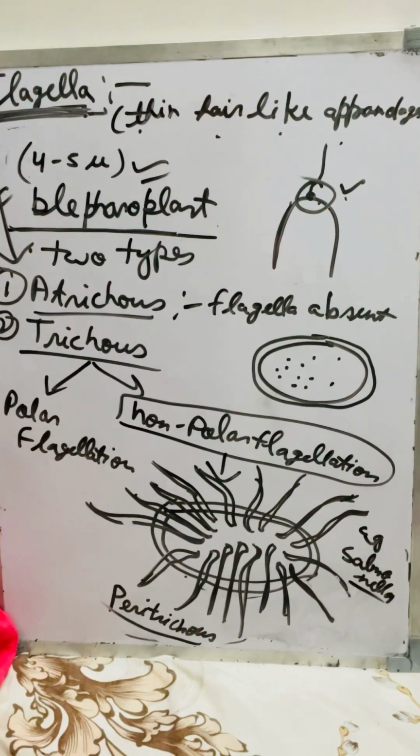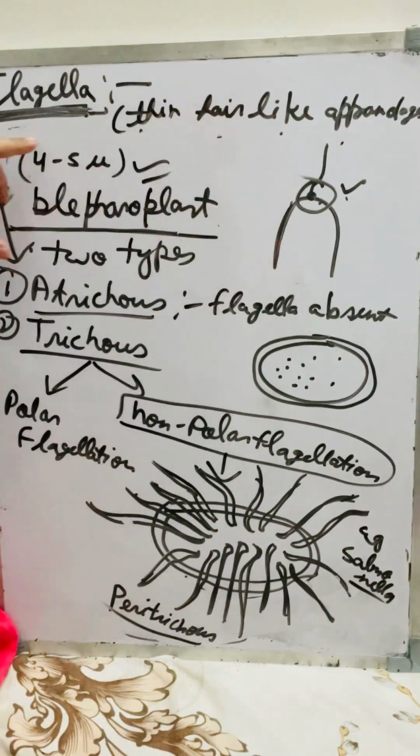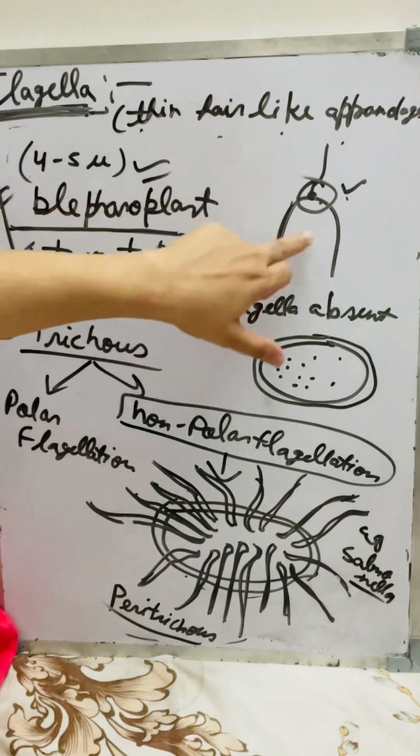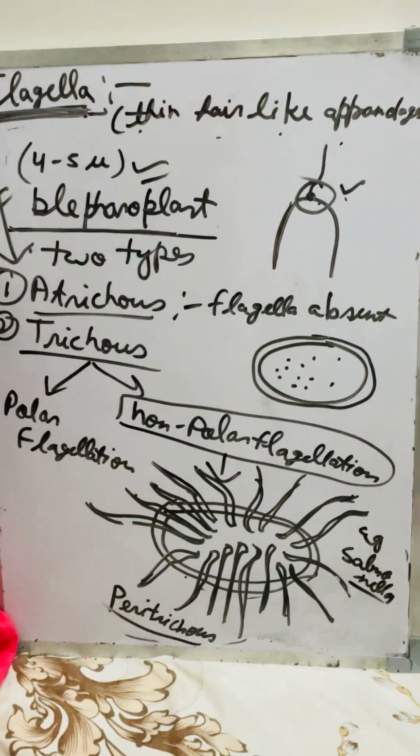So again, flagellum is a thin hair-like appendage with a length of 4 to 5 micron, and the base where it joins the bacterial cell is called the blepharoplast. On the basis of flagella, bacteria are of two types.